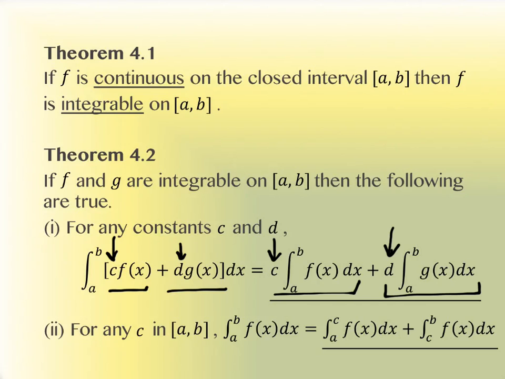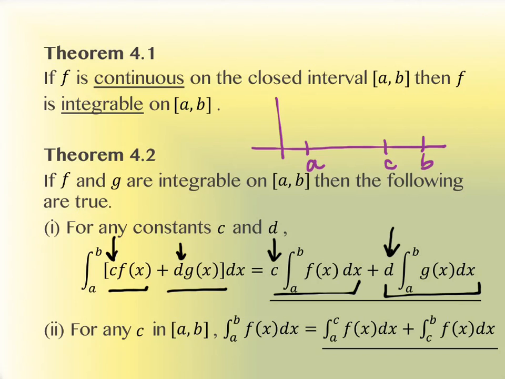Now the second bullet point here is a little bit different. What it tells you is that if you have a location between A and B and you wanted to find the area, let me draw a picture just to visually demonstrate this. So here's A, here's B, and there's some C in between them.